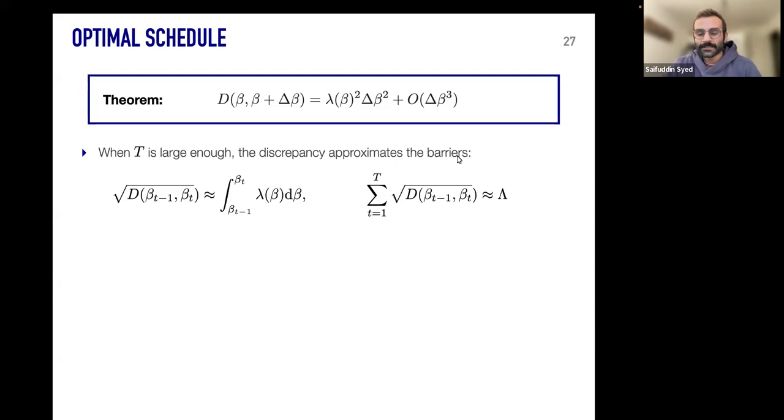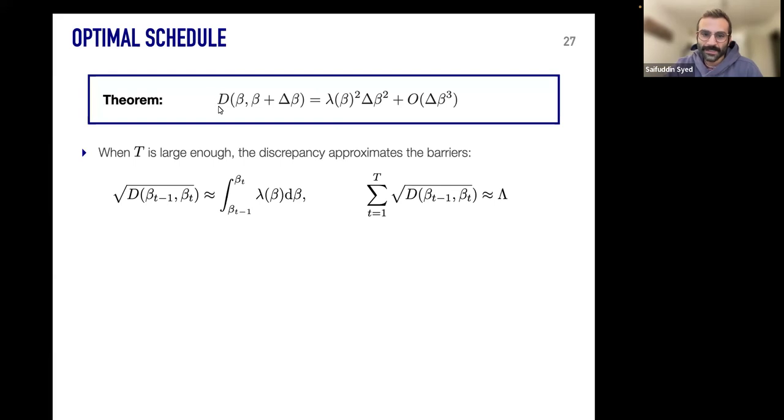So in particular, if my number of distributions is sufficiently large enough where this geometry kicks in, then the square root of this incremental discrepancy from one distribution to the next is an approximation of the length accumulated along my annealing path from beta t minus 1 to beta t.